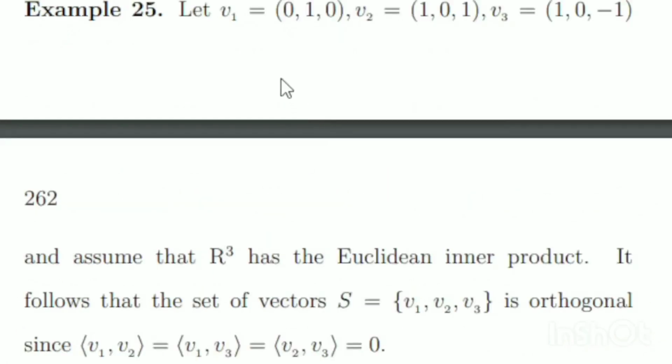Look at this small example. Let v1 equal to (0, 1, 0), v2 equal to (1, 0, 1), v3 equal to (1, 0, -1). Assume that R3 has a Euclidean inner product. It follows that the set of vectors S equal to {v1, v2, v3} is orthogonal, since their inner products ⟨v1, v2⟩, ⟨v1, v3⟩ and ⟨v2, v3⟩ are equal to 0.